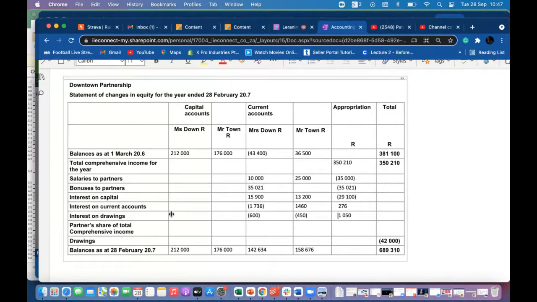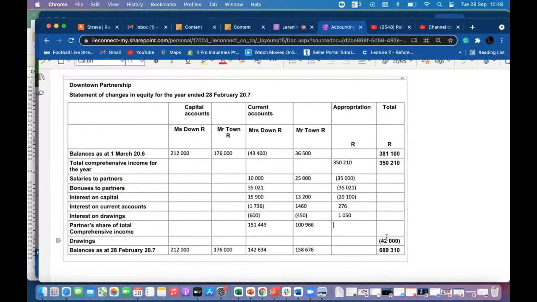Then the second last thing, we had the partner share of the total comprehensive income, or in other words, share of the profits. So for Mrs. Down, we know it was 151,449, and for Mr. Town, it was 100,966.